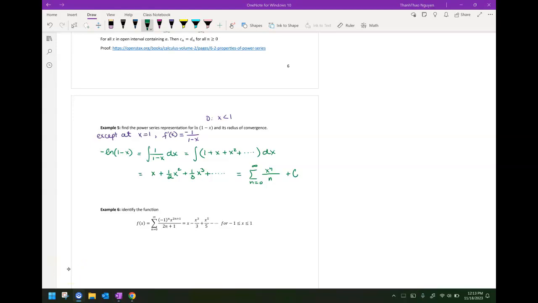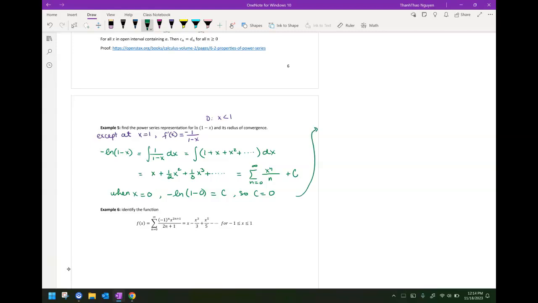To determine the value of c, let's start with x equal to 0. When x equals 0, negative ln of 1 minus 0 is equal to 0, equal to c. This means c equals 0. This series converges, same as the original series, and it has a radius of 1.